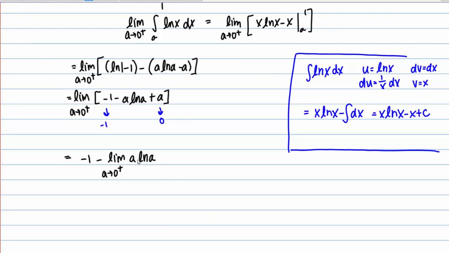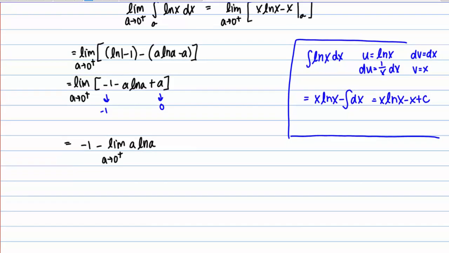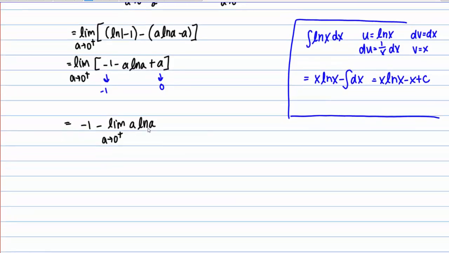This term's a little bit more challenging. Let's think about what's happening to each piece. As a goes to 0 from the right, this a piece is just going to 0. But natural log of a, as a goes to 0 from the right, if you remember what the graph looked like, is approaching negative infinity.